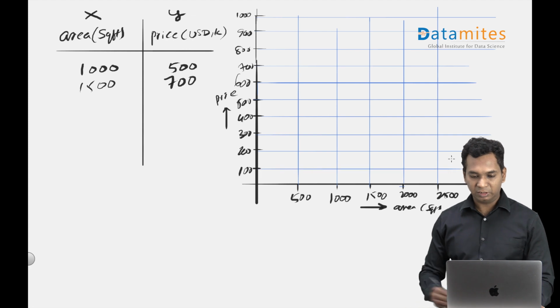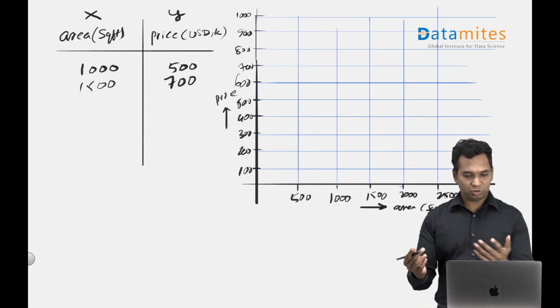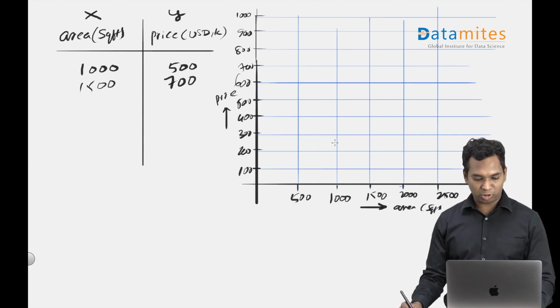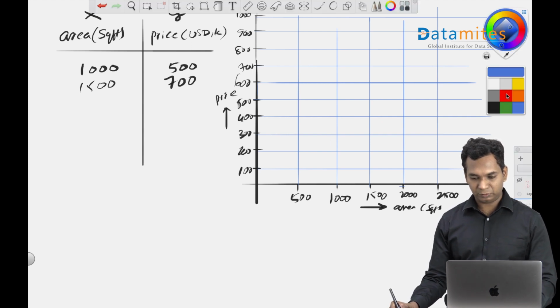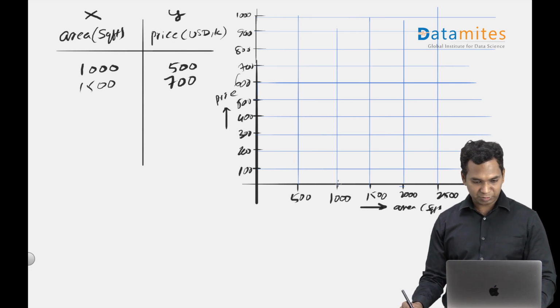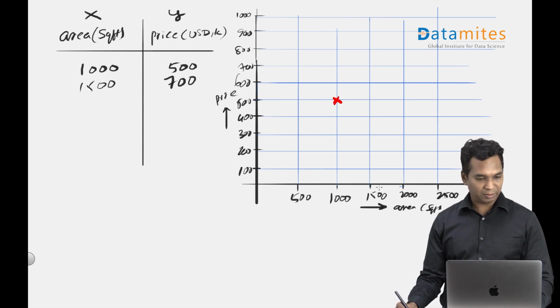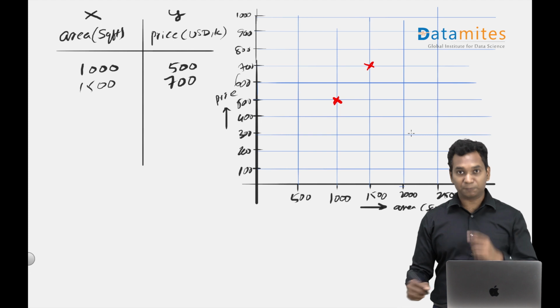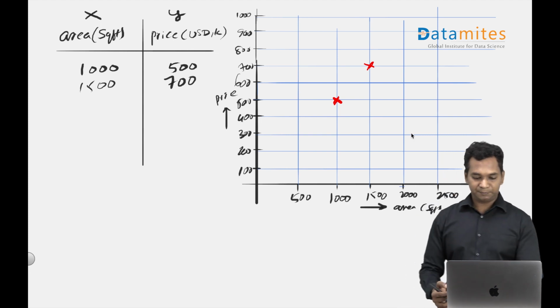My apologies. Okay, so now we have a grid. So I'm going to go ahead and plot these two things. This is your 1,000 square feet apartment costing you $500,000. So this is the point. And there's another one, which is 1,500 square feet, and it's costing you this one.